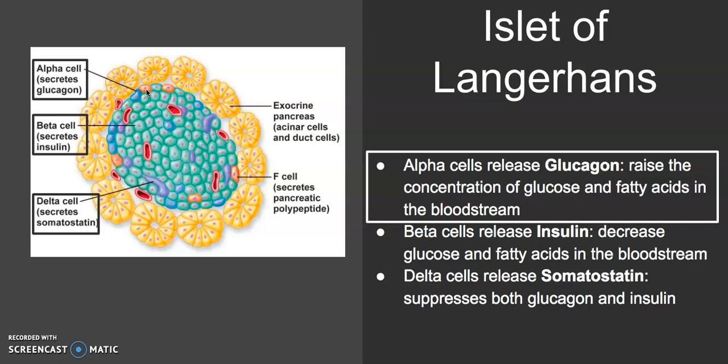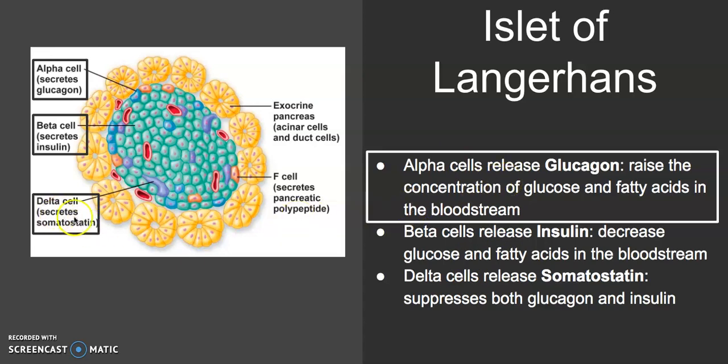And glucagon's job is to raise the concentration of glucose and fatty acid in the bloodstream. So it functions as basically the opposite of insulin. So insulin decreases glucose and fatty acid in the bloodstream, and glucagon increases glucose and fatty acid in the bloodstream.